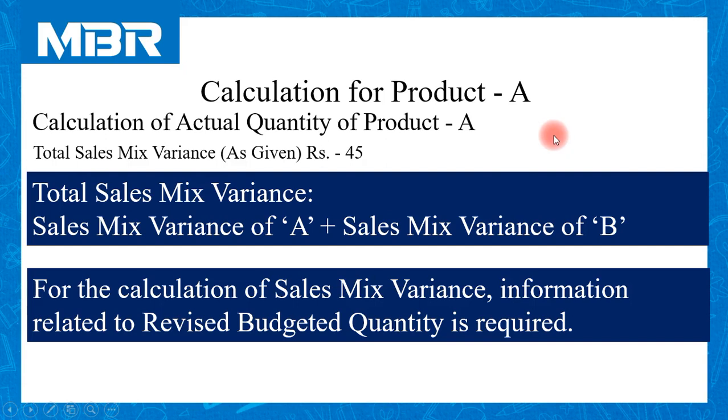So we need to apply higher level of intelligent quotient in order to solve this problem. Let us understand the formula. First, revised budgeted quantity is equal to total actual quantity divided by total budgeted quantity multiplied by budgeted quantity.